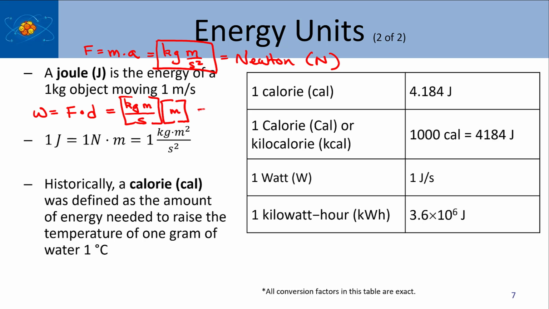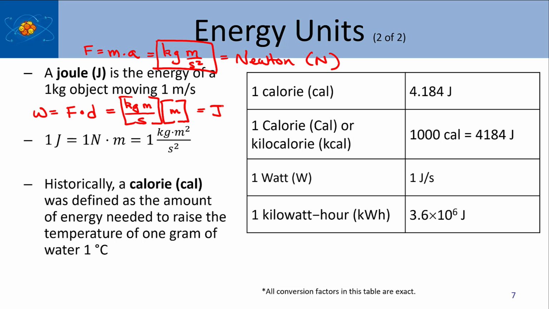So this also comes out to be equal to a joule. So work units and kinetic energy units are all in units of joules, and it's a consistent set of units. And this is how you would relate how much work energy, how many joules it took, say, to move a car as you're pushing the car. You would take the force that you put into the car times the distance that you moved the car. And if you did it all in meters and kilograms, you could calculate the energy in joules that it took to move that car.